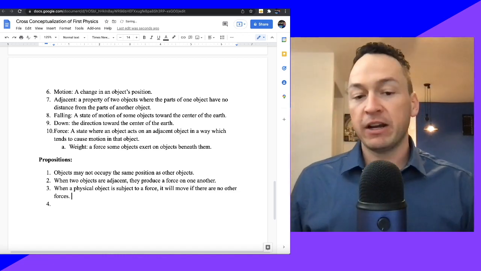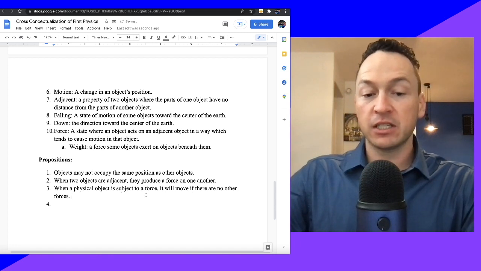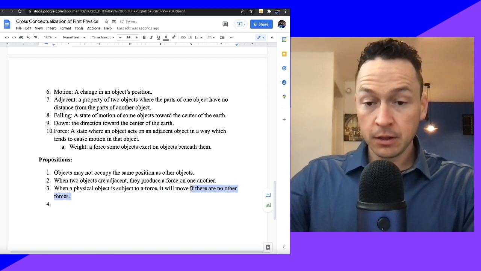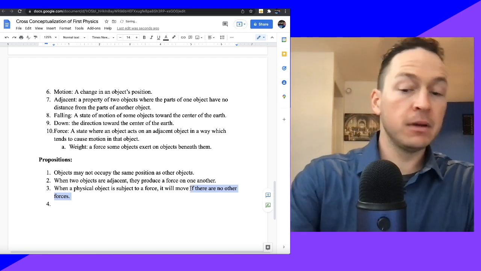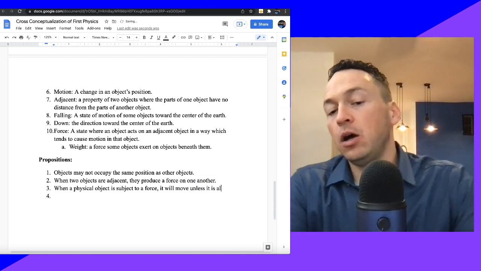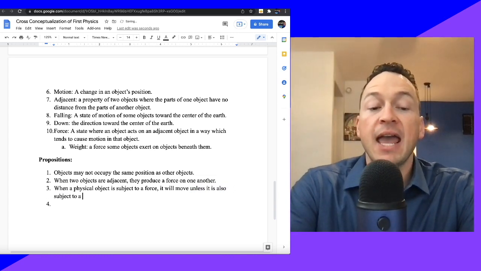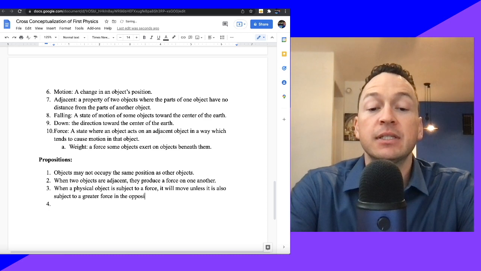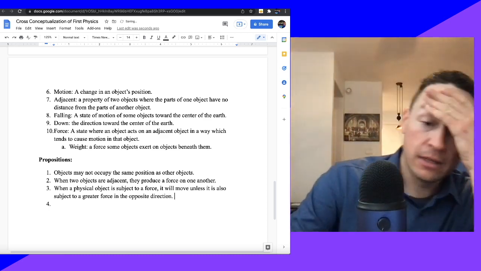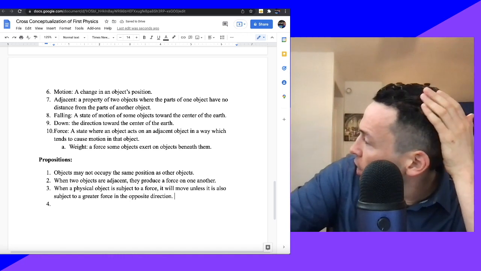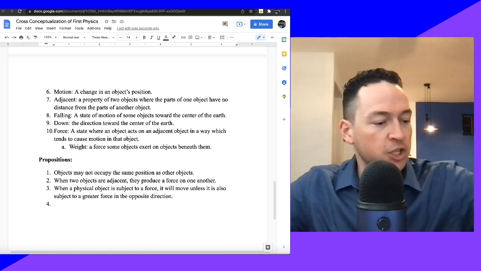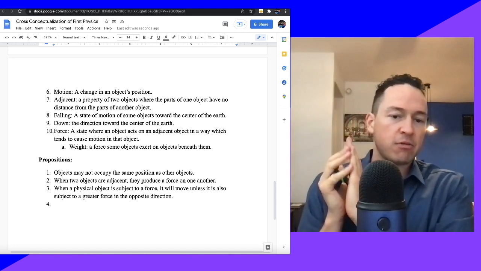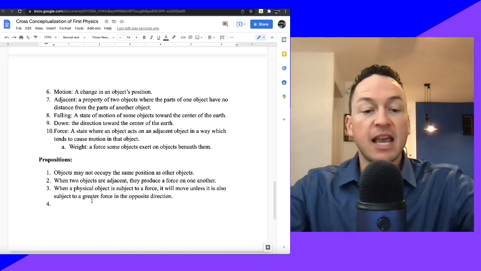Stronger meant he could exert a greater force. So when a physical object is subject to a force, it will move unless it is also subject to a greater force in the opposite direction. Okay. So, here's the thing. If it was subject to a greater force in the opposite direction, wouldn't it move in the opposite direction? So let's say equal.